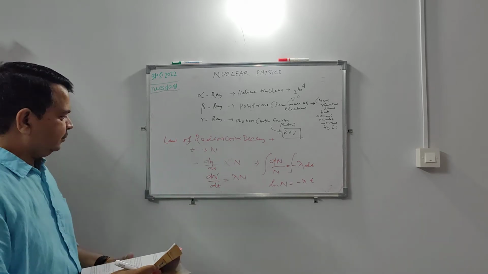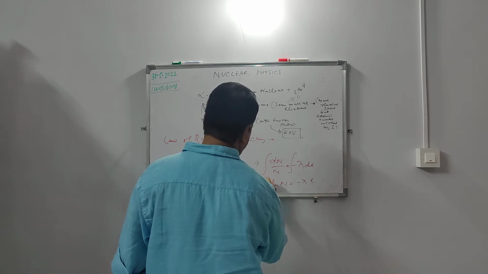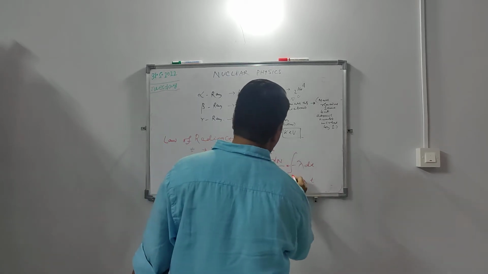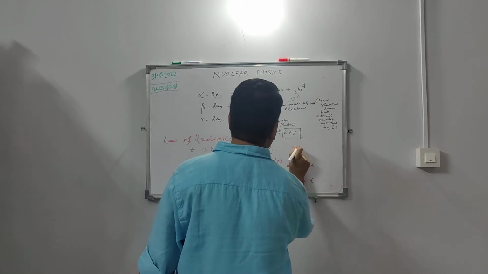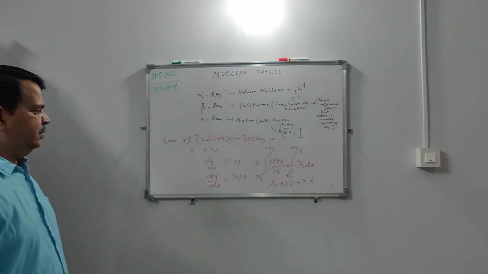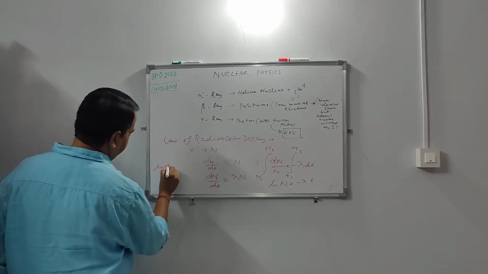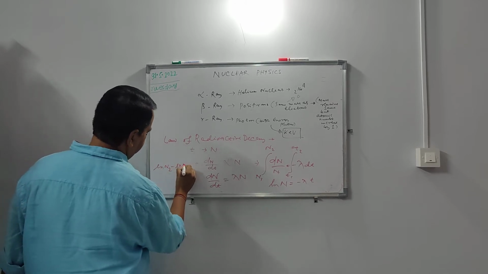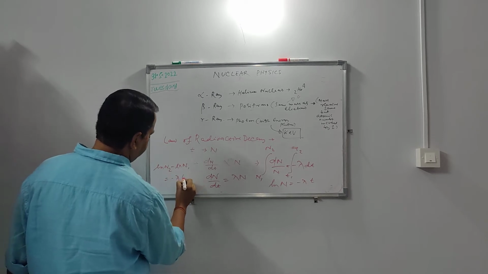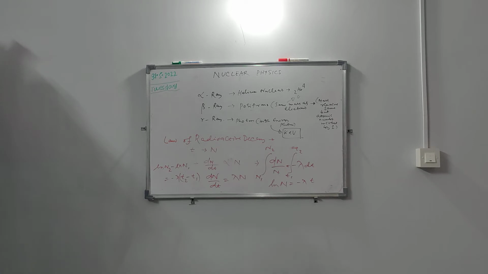If I give a limit of N1 to N2 and t1 to t2, the limits of integration, then this becomes ln N2 minus ln N1 is equal to minus lambda t2 minus lambda t1.